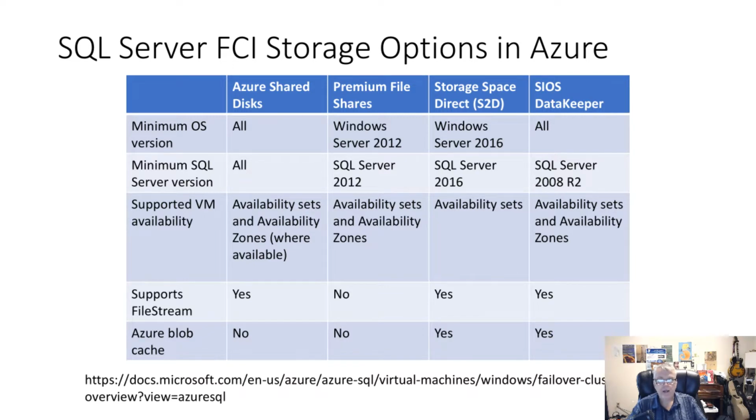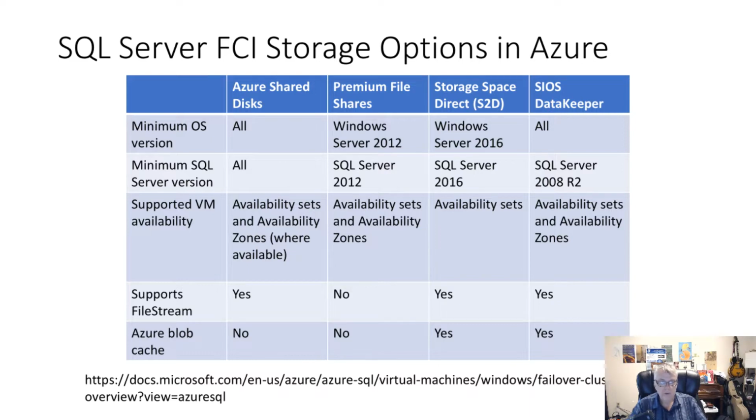You can use it as a traditional cluster disk. And you can also enable zone redundant storage, or ZRS, on that disk, and that will allow you to build clusters that span availability zones. So you can do this in an availability set or availability zones.